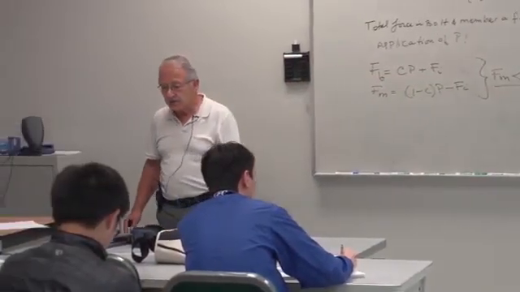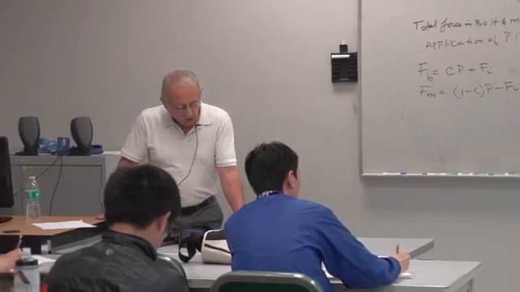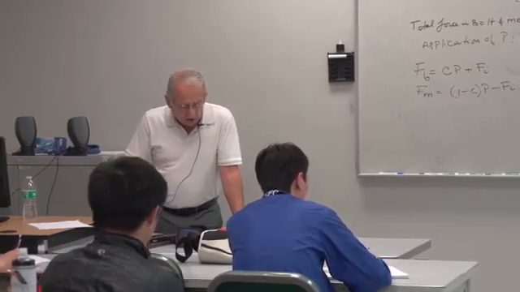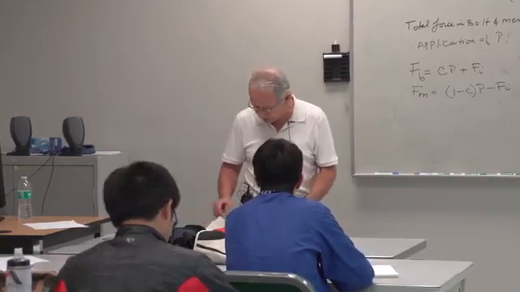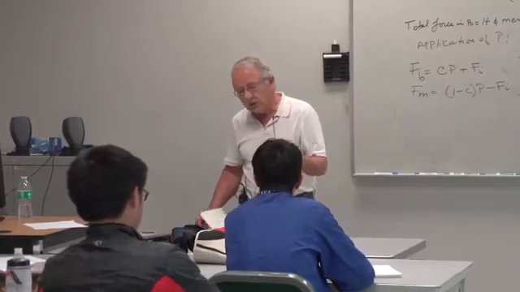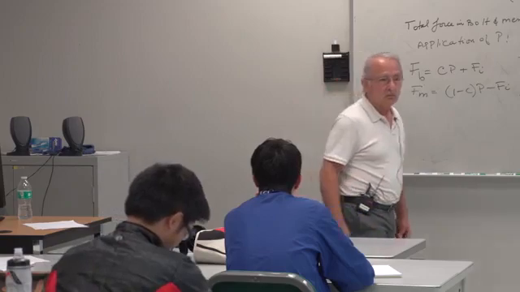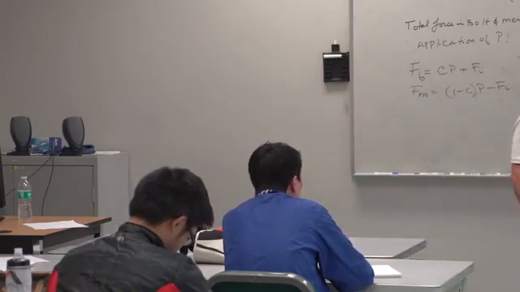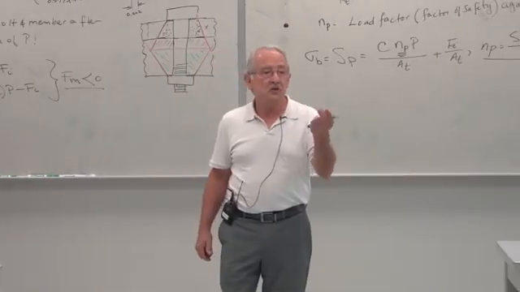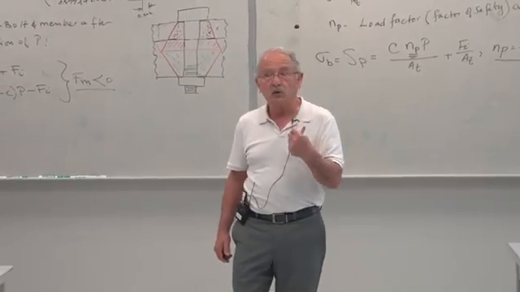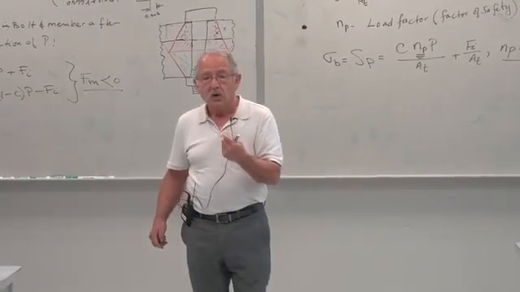Insofar as the preload is concerned, that might be a question sometimes, saying, what kind of preload should I use? We have said that the higher the value of the preload, the better the joint. The less of the externally applied load that the bolt will take. That's true.